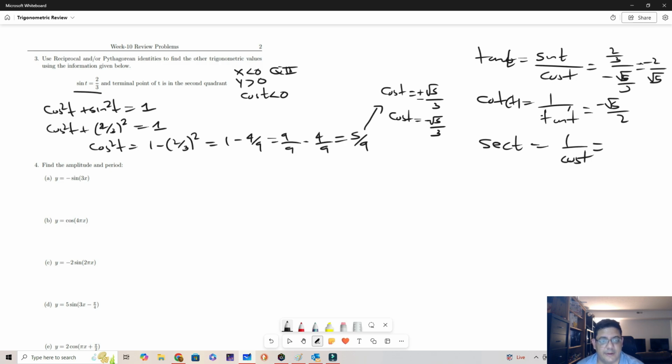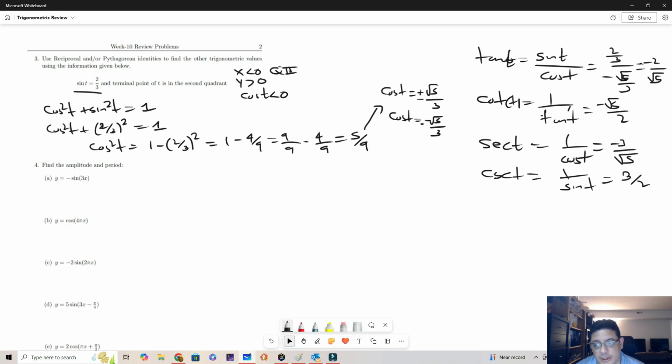And because we just found that cosine was minus the square root of 5 over 3, then this is going to be minus 3 over square root of 5. And finally, cosecant, which is 1 over sine, is going to be 3 over 2. That's something that we have from the original hypothesis.